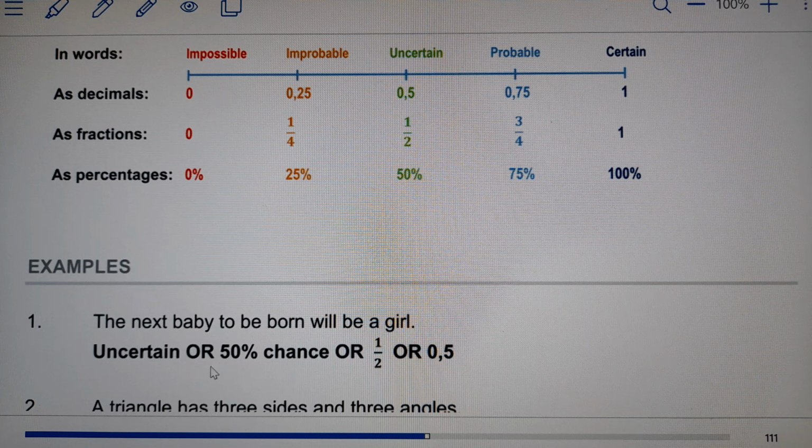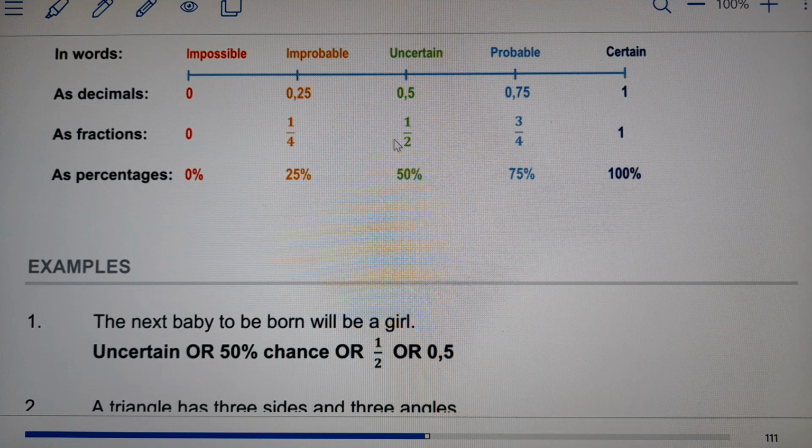So what is the possibility that a baby will be a girl? A baby can only be a girl or a boy. So for girl it is 1, and the total outcomes is 2, because it can be a boy or a girl. Then we write 1 over 2.